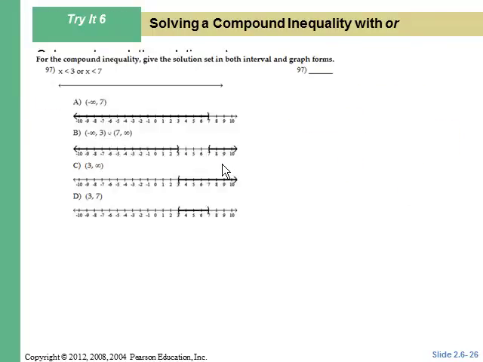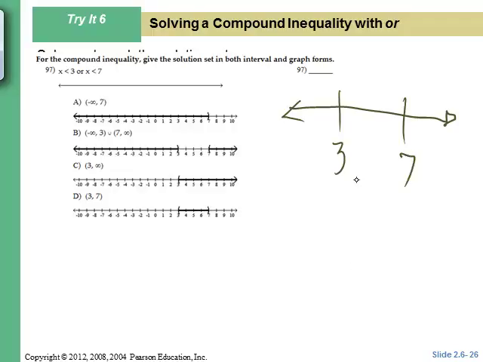So, let's see what happens then if we have one like this. Okay, our critical values are at 3 and 7. X is less than 3. X is greater than 7.